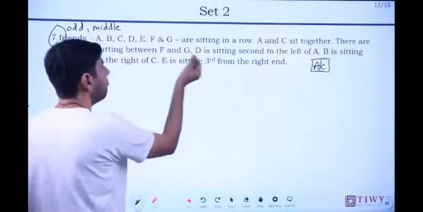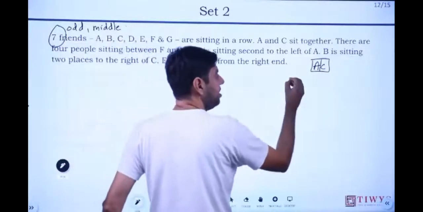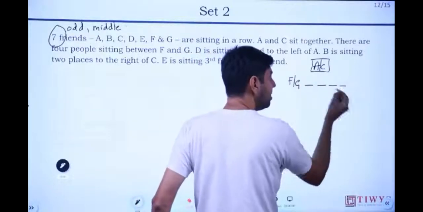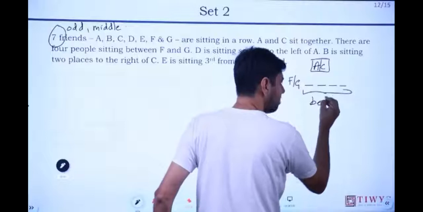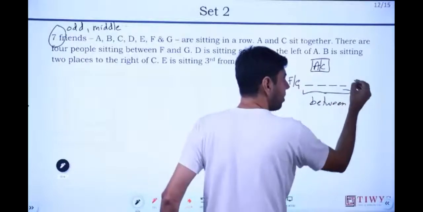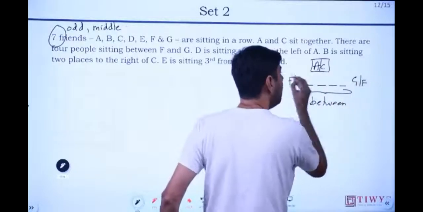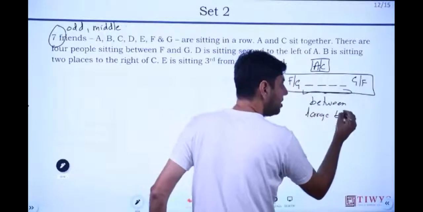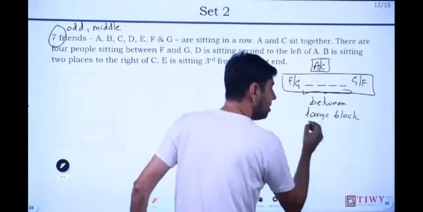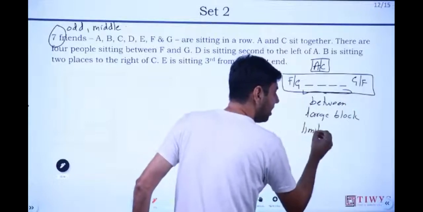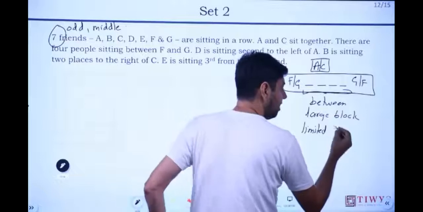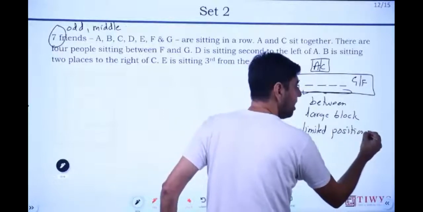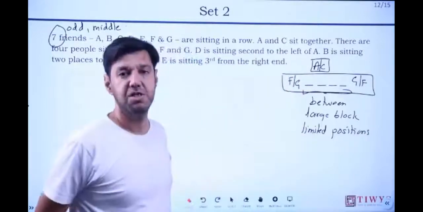You know why? 4 people between F and G. I don't know where F and G will be, but this clue is talking about between. So this is a very large block. Obviously, I don't know who is in the middle. So this has very limited possibilities, limited positions. The larger the thing is, the much more limited the positions are.